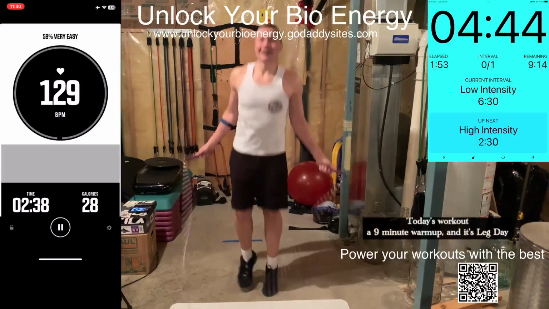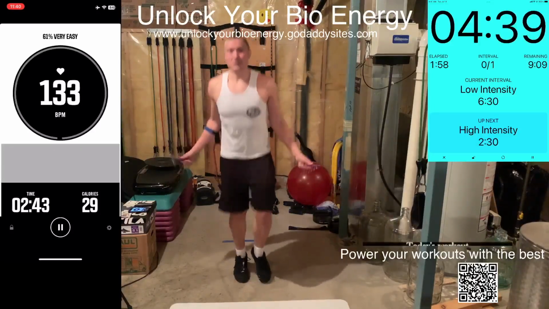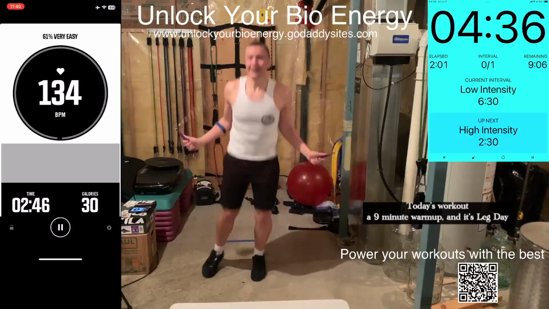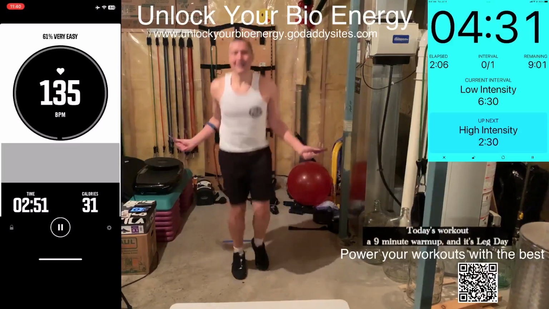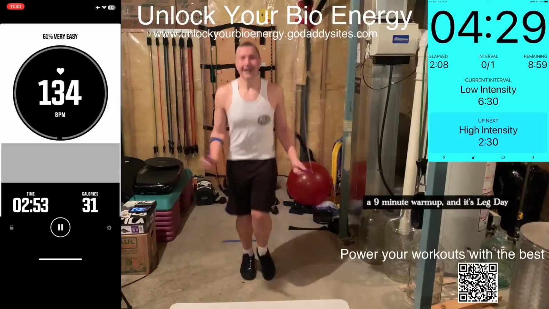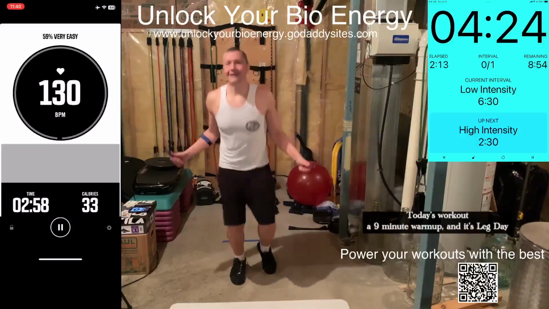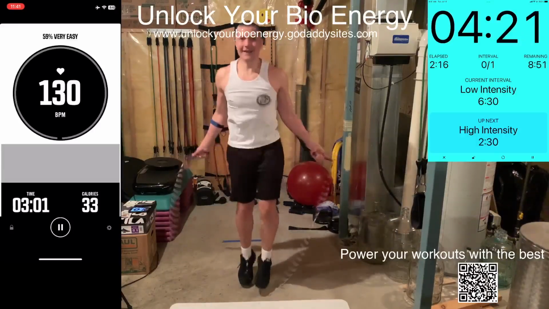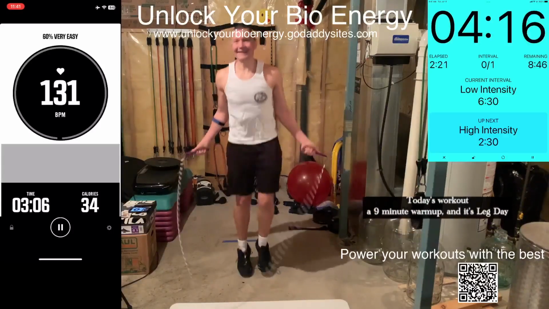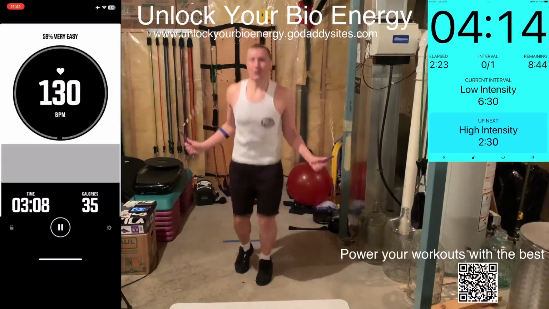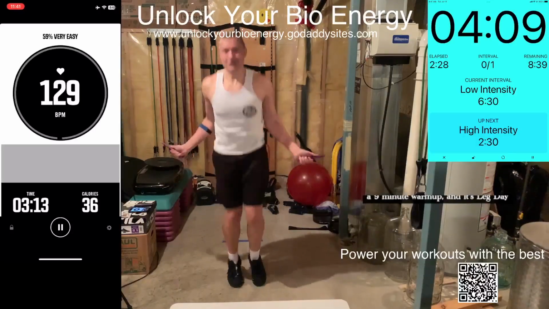Today I can feel the glutes and the quads. The soreness is there, so I'm not sure how much it's going to affect my performance with the high intensity section of this warm-up, because the legs do hurt from yesterday. They're not so sore that it hurts to sit on the toilet.